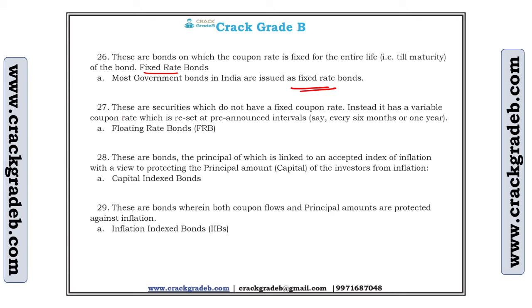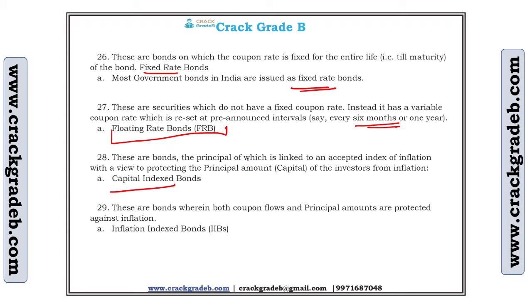Then these are securities which do not have a fixed coupon rate. Instead, they have a variable coupon rate which is reset at a pre-announced interval, every 6 months or 1 year. These are known as floating rate bonds, right? Then capital indexed bond, what are these?